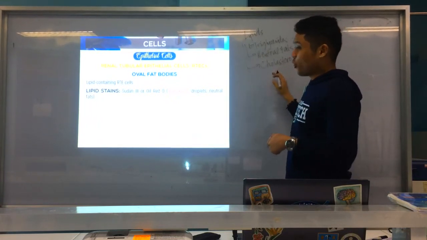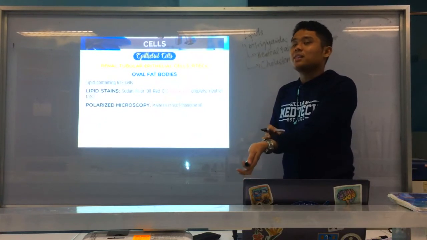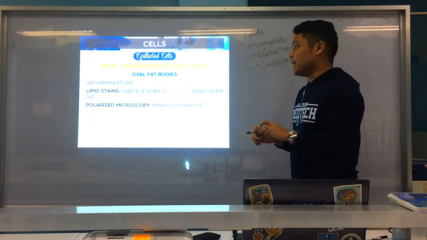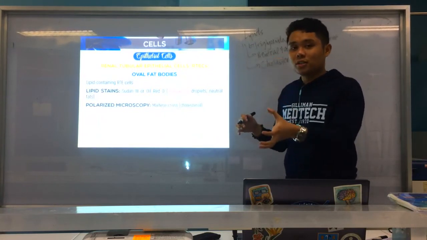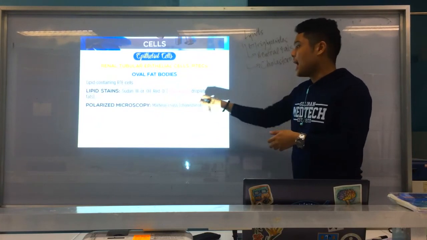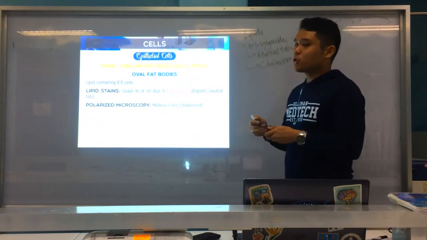So how do we determine if it is cholesterol? We use polarizing microscopy, as mentioned earlier. Polarizing microscopy is usually used for lipids or crystals. Now, for polarized microscopy, if the oval fat body contains cholesterol, it shows a Maltese cross formation.